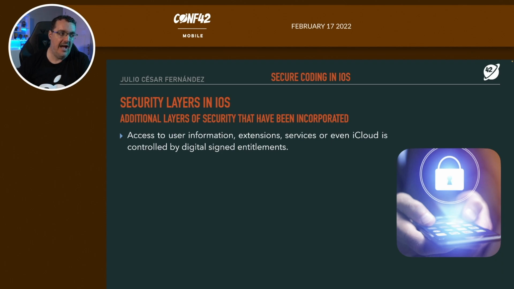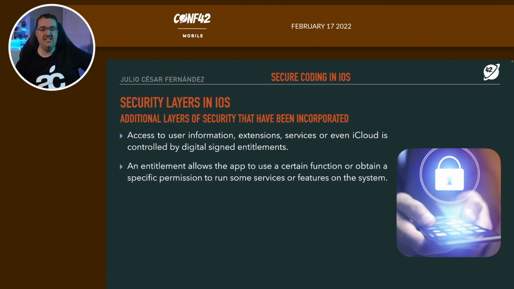For example, access to user information, extensions, services, or even iCloud is controlled by digitally signed entitlements. But what is an entitlement? An entitlement allows the app to use certain functions or obtain specific permission to run some services or features on the system. If you want to use something that is not allowed for certain functionality, you can activate this entitlement.